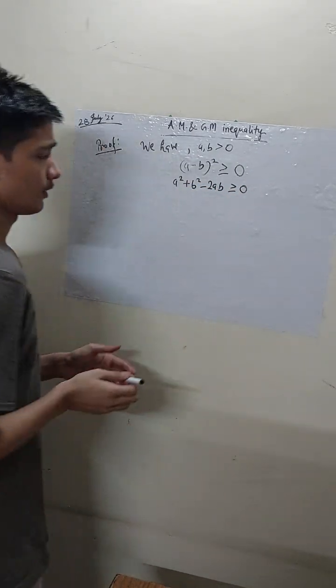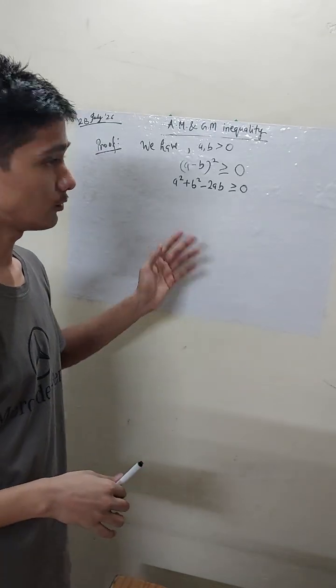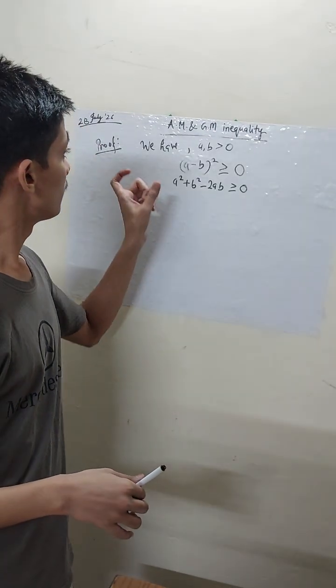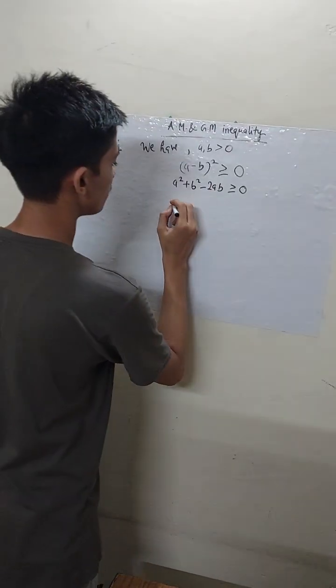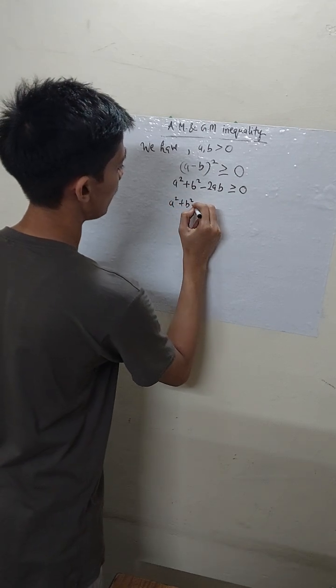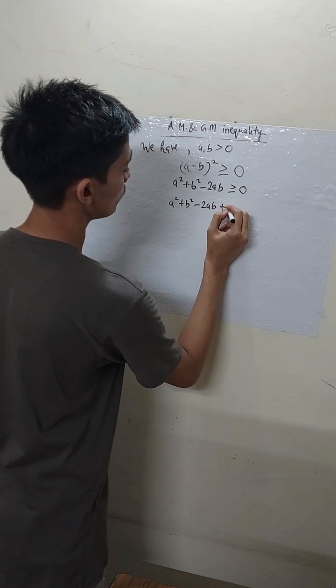Now here we have to do some manipulations to work towards the proof of the given theorem. So we add and subtract 2AB.